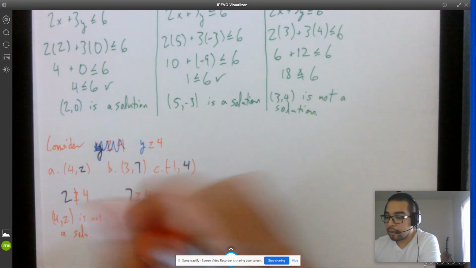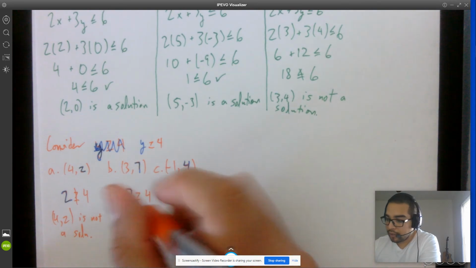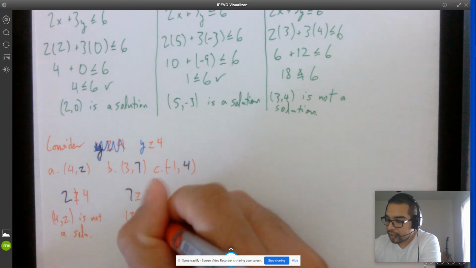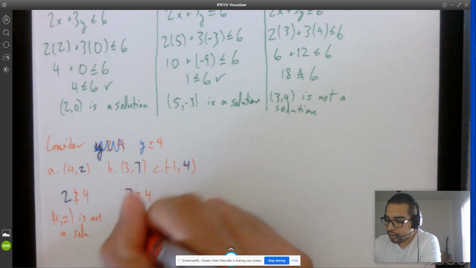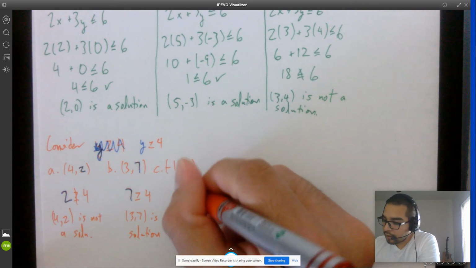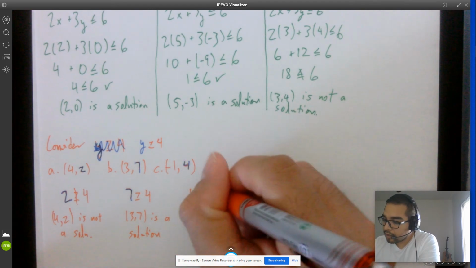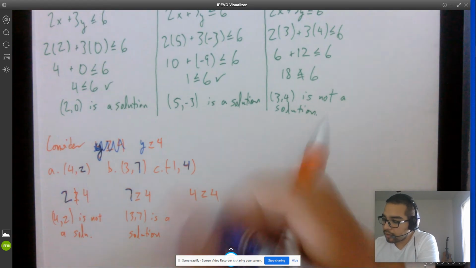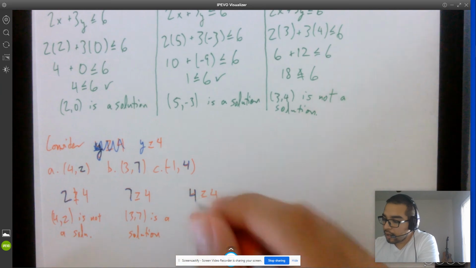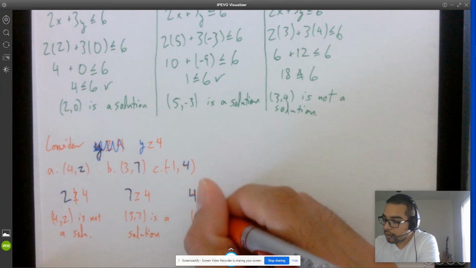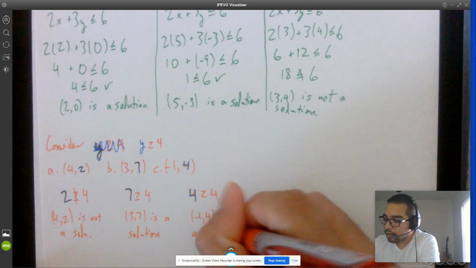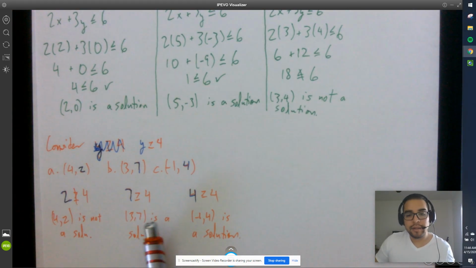Well, yes, it is, it's 3 units greater, so (3, 7) is a solution. Let's take a look at this one here. 4 is greater than or equal to 4. That is a true statement. So (-1, 4) is a solution. And there we go.